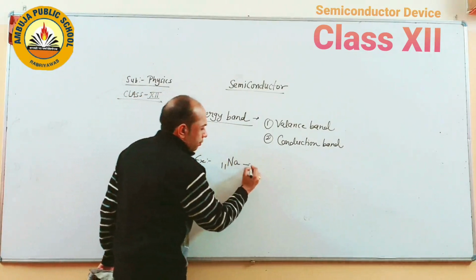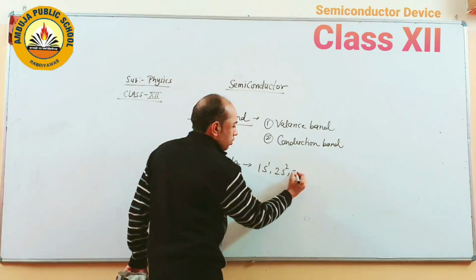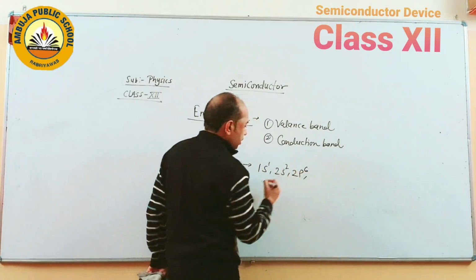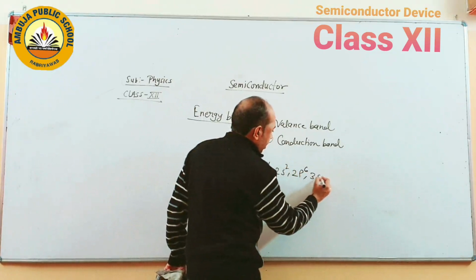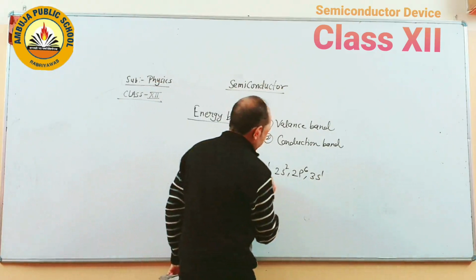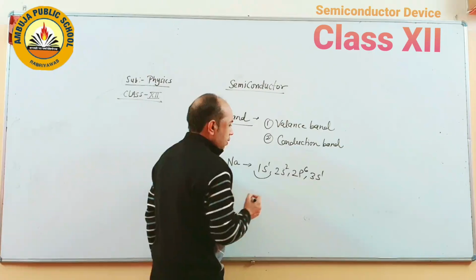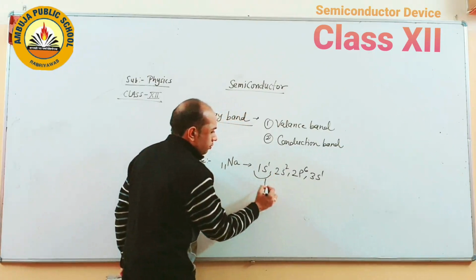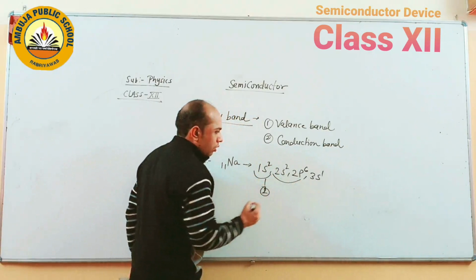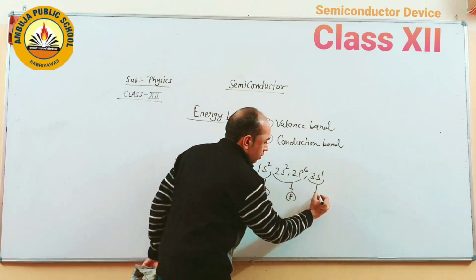In the sodium atom, if we write the configuration: 1s2, 2s2, 2p6, 3s1. Okay. So what we have to see: in the first shell we have 2 electrons, in the second shell we have 8 electrons, and in the third only 1.